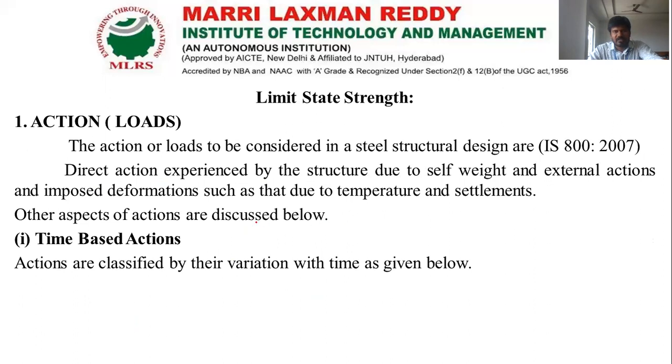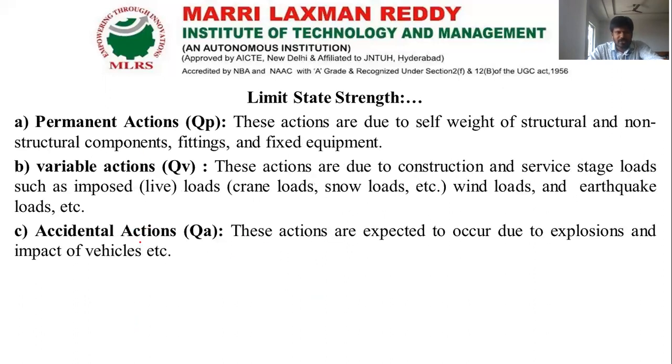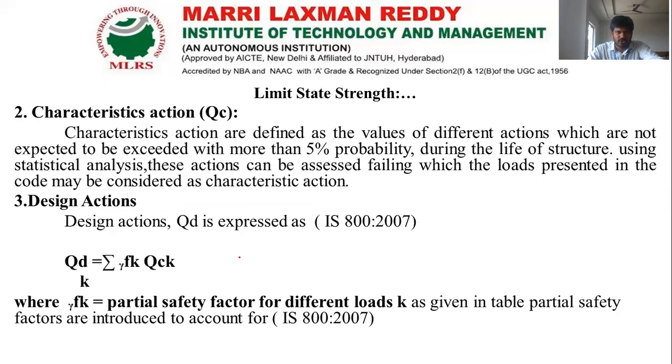Next, limit state of strength, actions or loads. Here we have time-based actions: permanent actions, variable actions, accidental actions. All are related to our application of loads. Next, characteristics of actions, design actions.